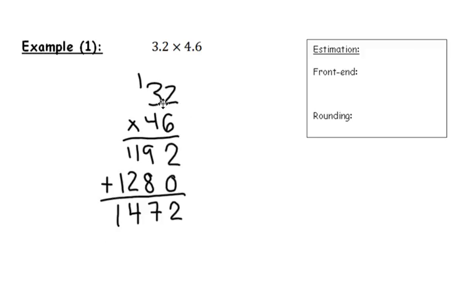So put your decimals in now. And you need to ask, how many digits after the decimal do you have all together in the question? Well, here's your decimal. That's one digit after. And here's your decimal, and you have another digit after. So all together, that's 2 digits after the decimal.